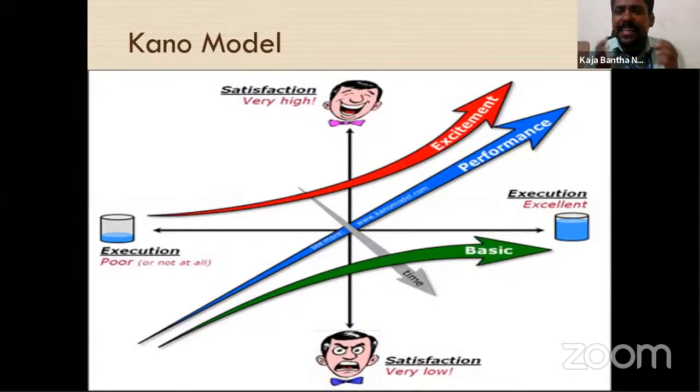That creates excitement, and only then do customers get the product. After that there are further stages: service centers, warranty, guarantee, many terms. You should run a product with high execution and high customer satisfaction. That is the Kano model, an IT company model.